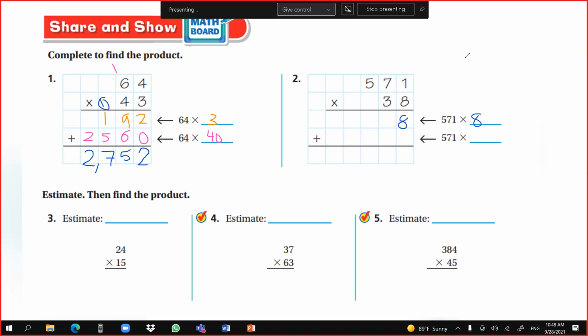And then 8 times 7, 56. Bravo. 56. Then 8 times 5.